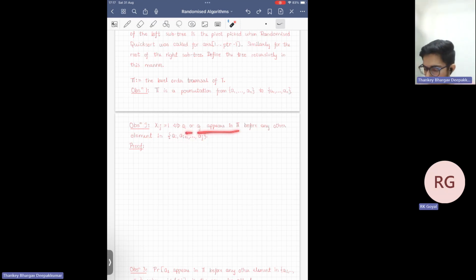So because of that reason, this statement means that the first element picked from this set as a pivot is either AI or AJ.